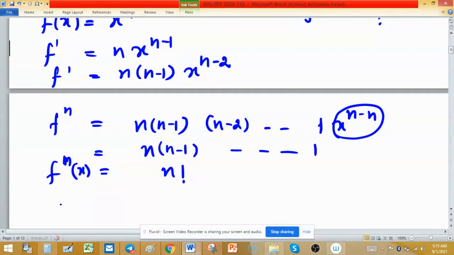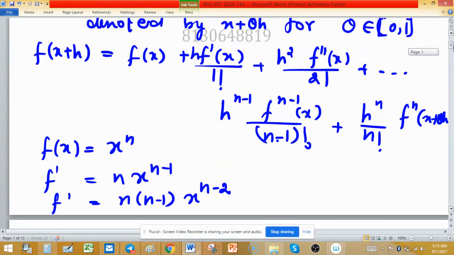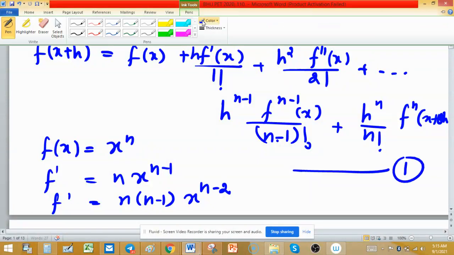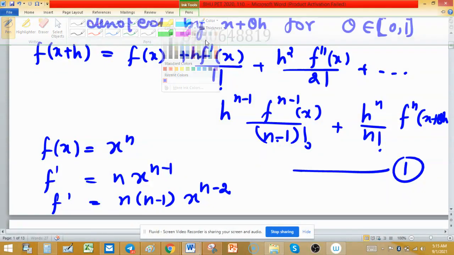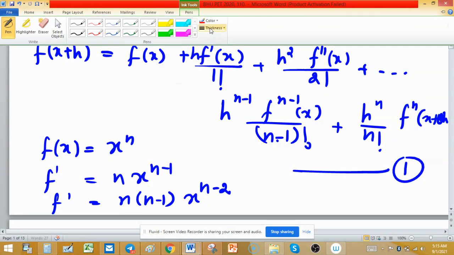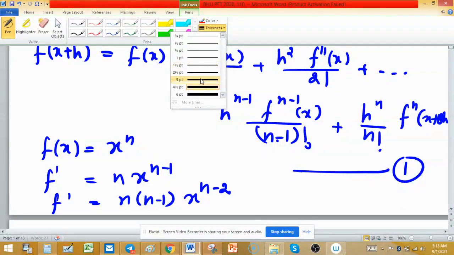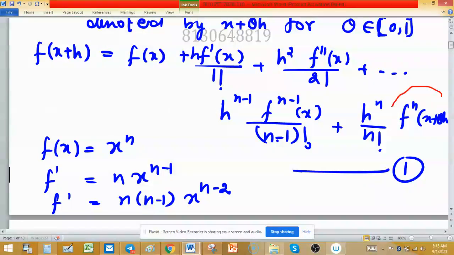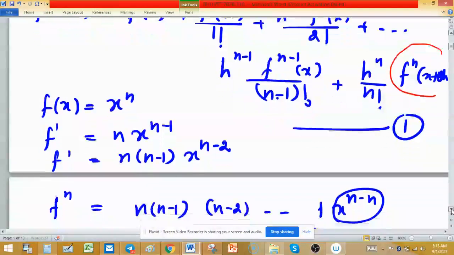So from this, the last term in expression 1, this is expression 1, you can see what the last term is. This is f raised to the power n of x plus theta h.